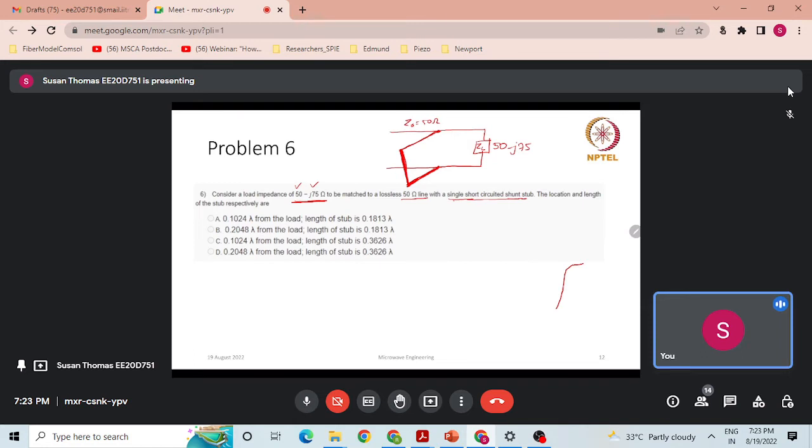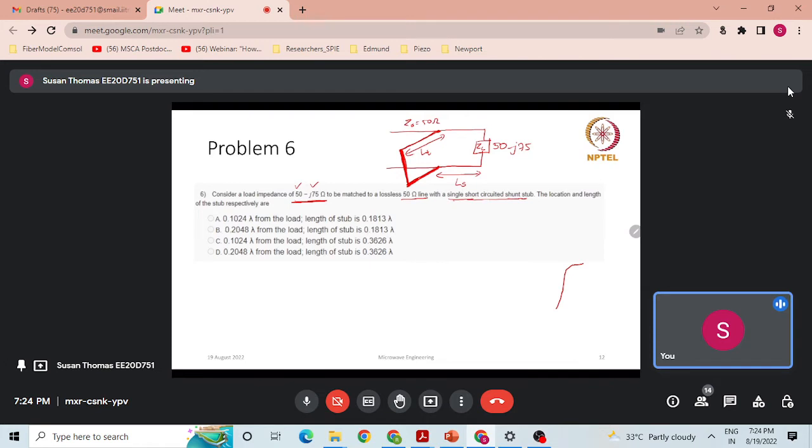Now the question is the location and length of the stub. We need to understand where this has to be connected, that means the location of the stub, and also the length of the stub. The location of the stub is indicated as LS and the length of the stub is indicated as LT.